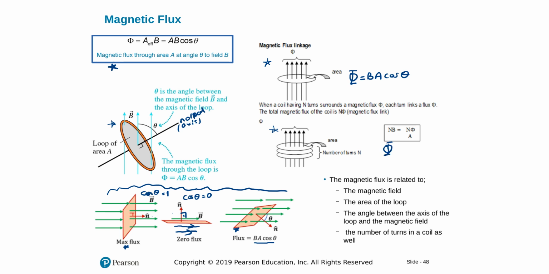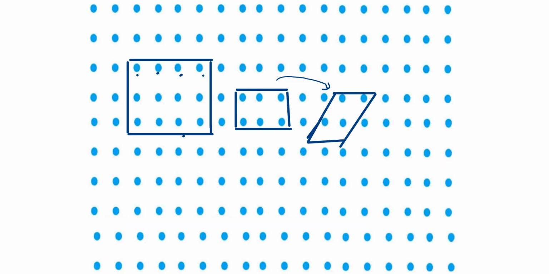So flux for one loop would be that up here. Flux for N loops would be N times the flux for one loop, right? So it will be NBA cosine theta. That's flux. And if that flux is changing, we have a change in flux, we have an induced magnetic field.